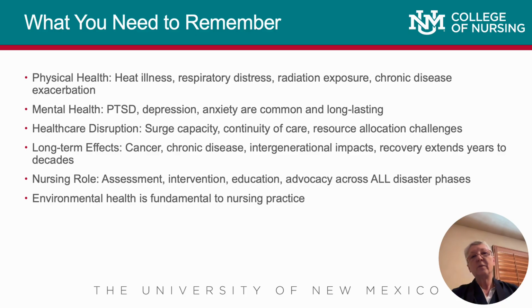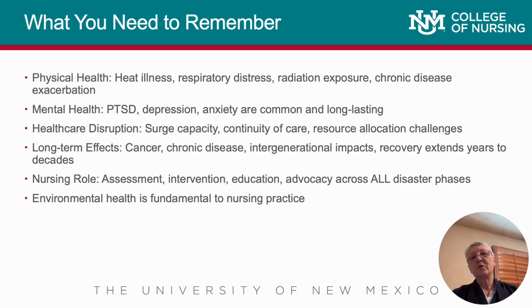Understand that injury patterns vary by disaster type and phase. For mental health consequences, remember that PTSD, depression, and anxiety are common after disasters and can be long-lasting. Community trauma affects entire populations, not just individuals. For healthcare system disruptions, understand the challenges of surge capacity, continuity of care, and resource allocation.